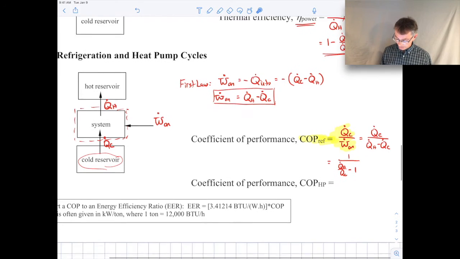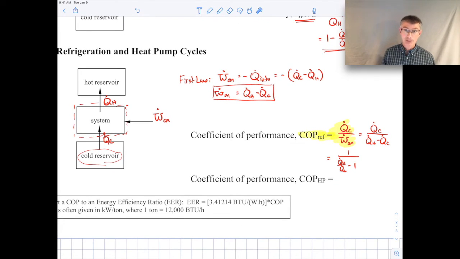Okay. Now for the coefficient of performance for a heat pump, the way we define that efficiency is, I'm going to have to erase this so we have enough space, Q dot H all over W dot on. It looks a little different. The reason for that definition looking different is because the goal of a heat pump is a little different.